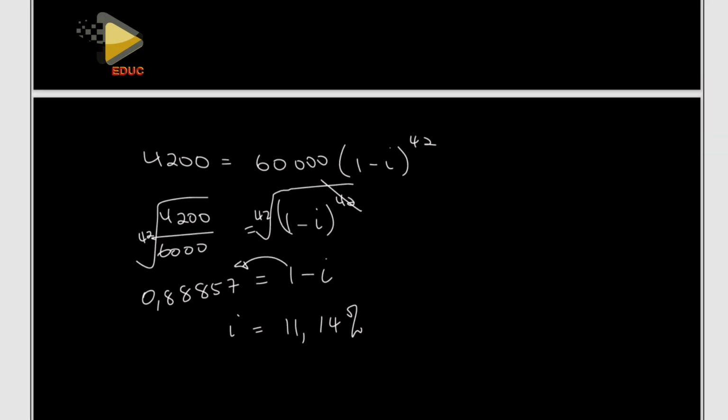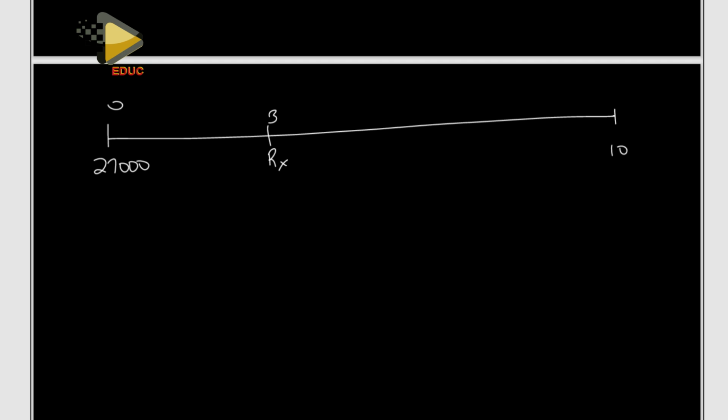So we say 27,000. There is a certain amount of money after 3 years, and then after 10 years, we have 17,614.76.